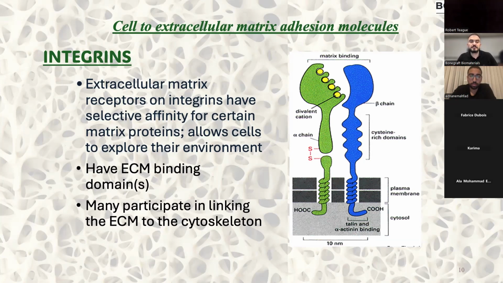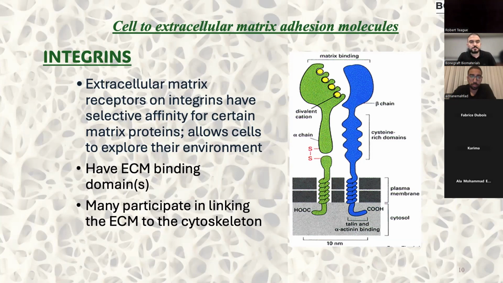So the cells continuously explore the surface of the graft materials. Cells have integrin molecules on their cell membrane. The function of these integrin molecules is to explore the surface of the materials. So definitely they're going to explore the graft surface.